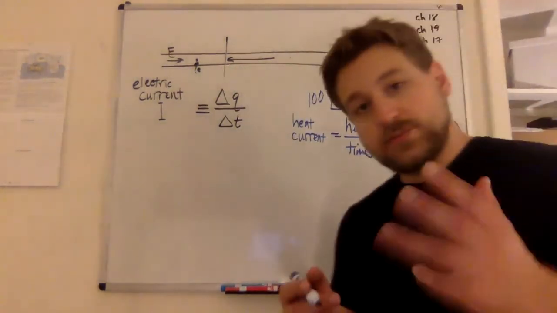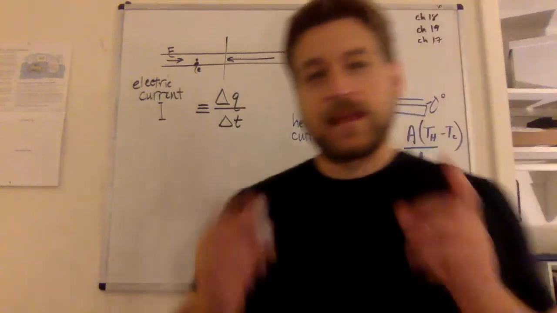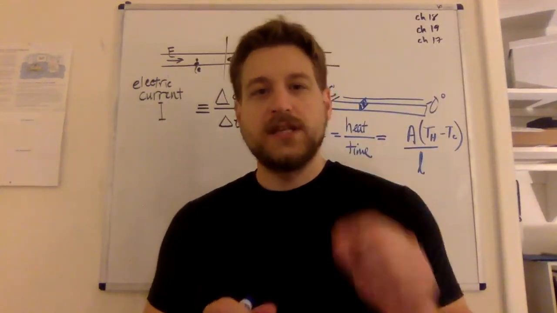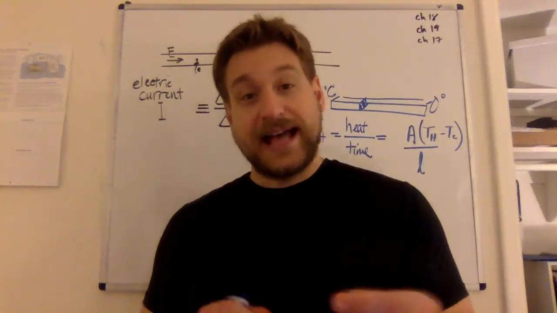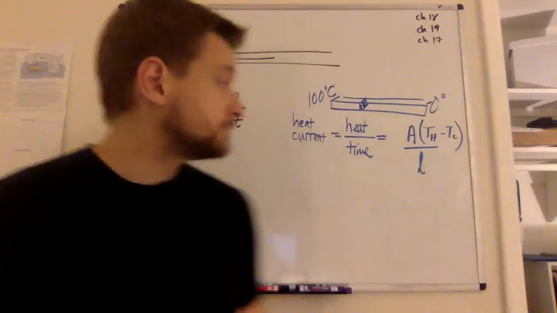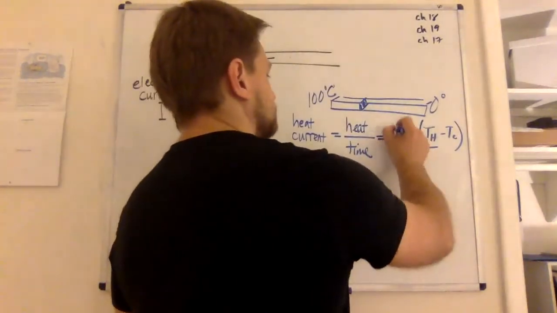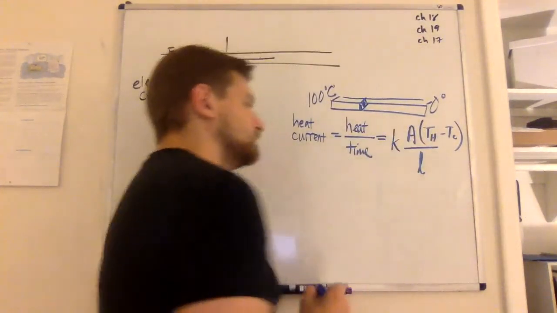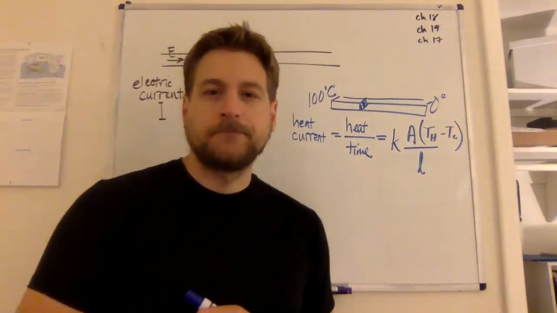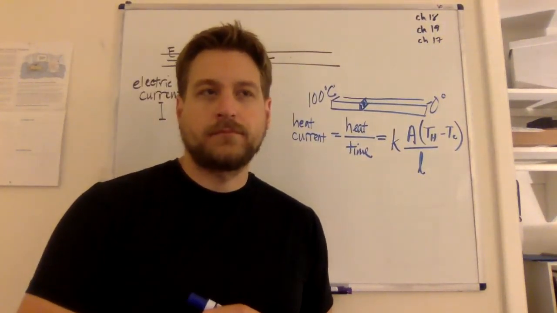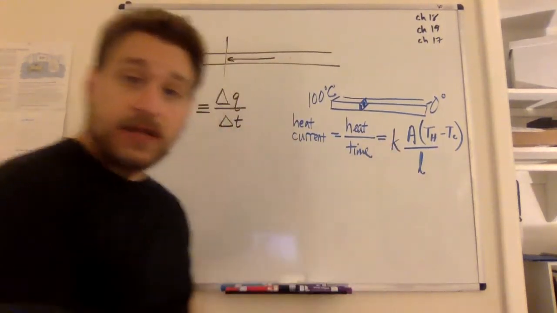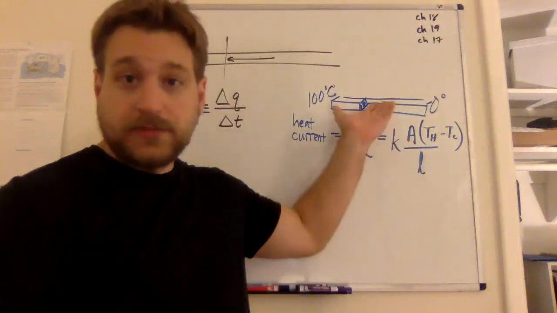And the last piece of the puzzle, the last thing we need to know, is how good this material is at conducting heat. So this constant K is the thermal conductivity of the copper.